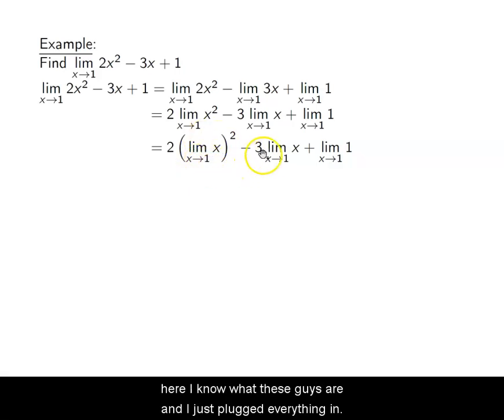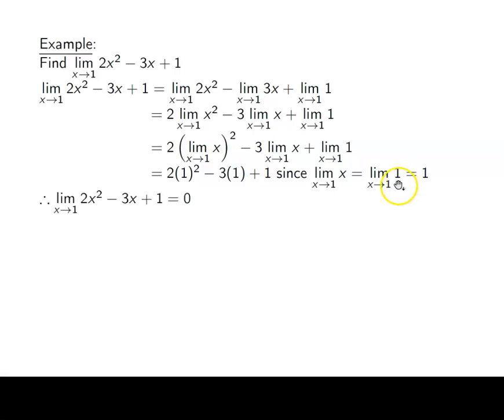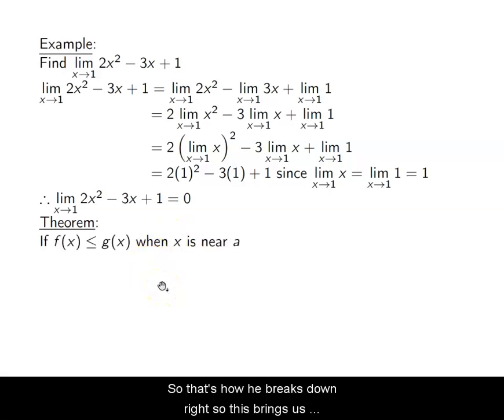And then from here, I know what these values are, and I just plug everything in. Okay. And I know that I get out 0, because I have 2 minus 3 plus 1 more, so that's 3 minus 3 is 0. So that's how we break down limits, right?